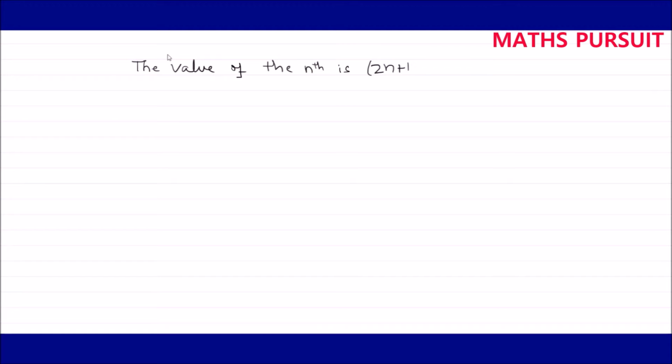This is what they have given, guys. So that means I can write an is equal to 2n plus 1. Now guys, let's look into the below table, which will be more clear.